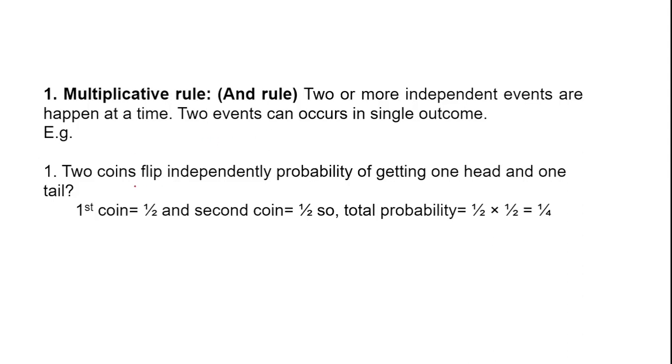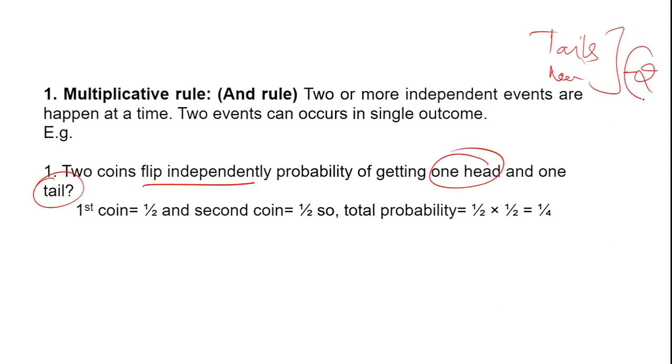If I flip a coin independently, tail and head are the two faces, so the total number of events is 2. In one coin we expect head, which is 1 by 2. In the other coin we expect tail, which is also 1 by 2.